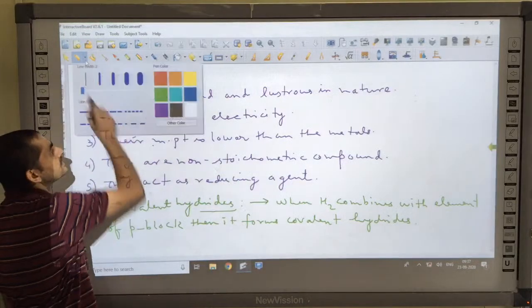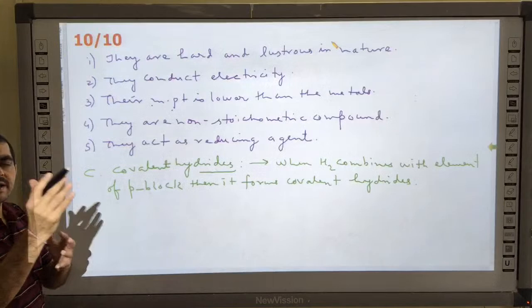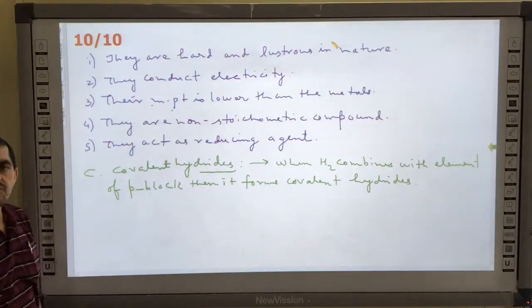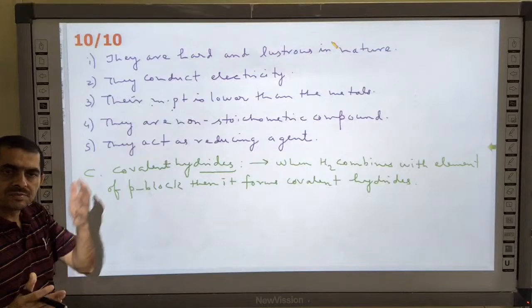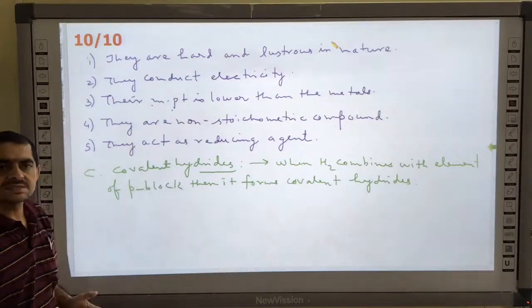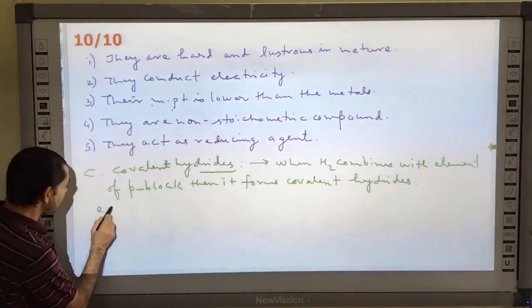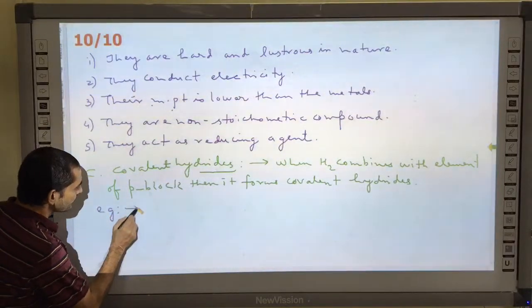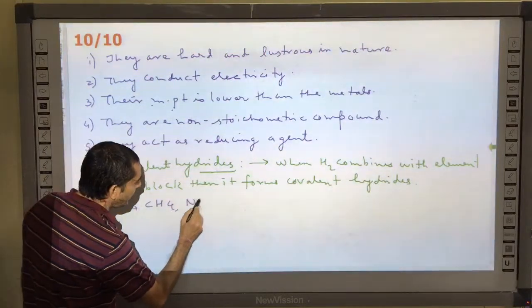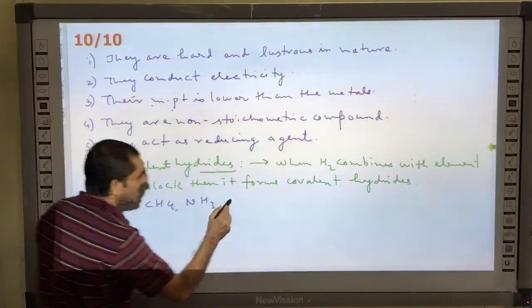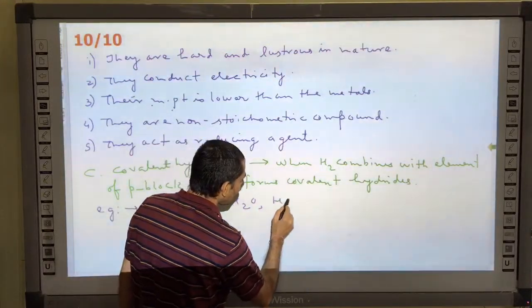P block means group 13, 14, 15, 16 and 17. For example, I am writing CH4, NH3, H2O, HCl.